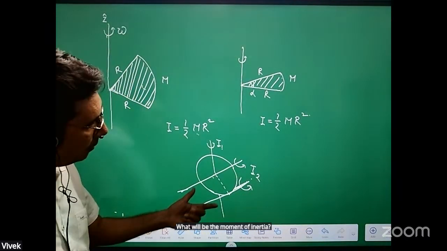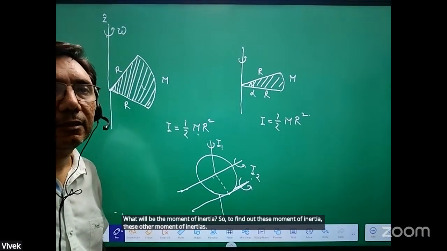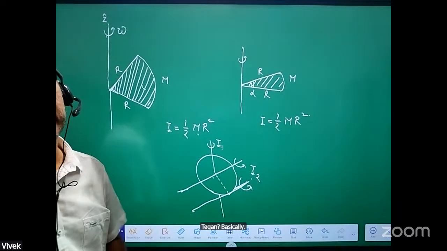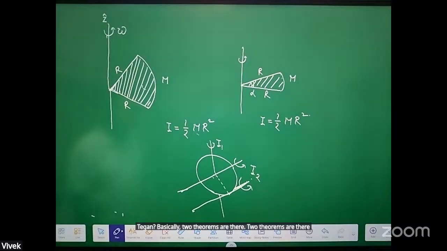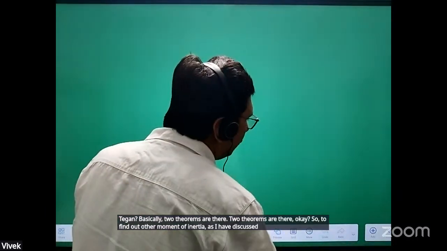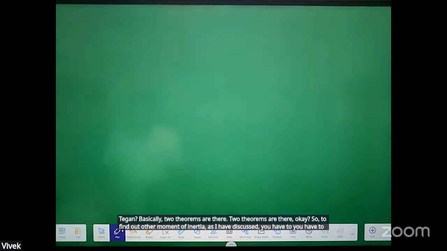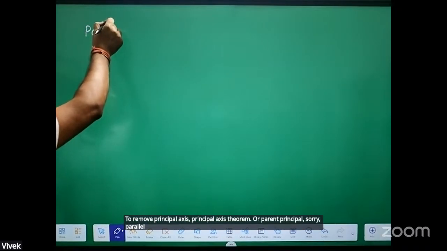So to find out these other moments of inertia, basically two theorems are there. As I have discussed, you have to understand two theorems. The first theorem is called the parallel axis theorem.